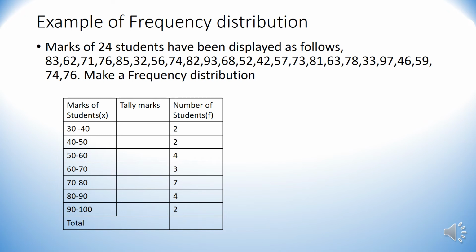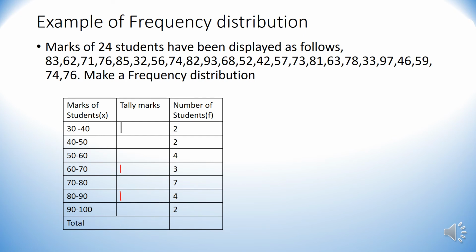So the first observation, 83. 83 belongs to the class 80 to 90, so here I have to make the tally mark. Then 62, it goes here.